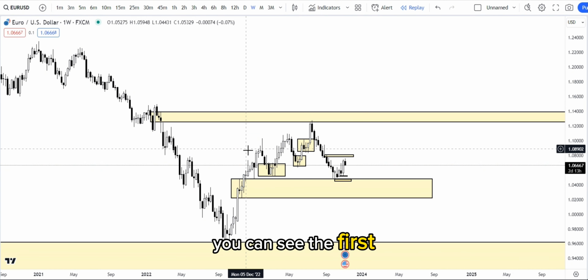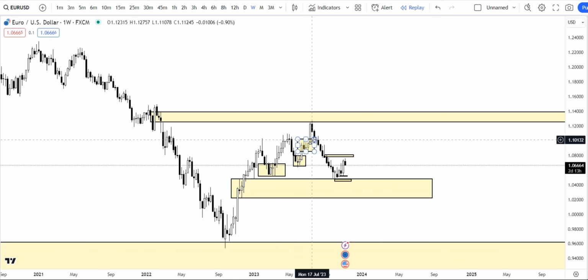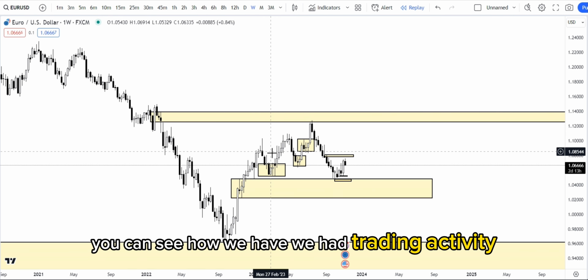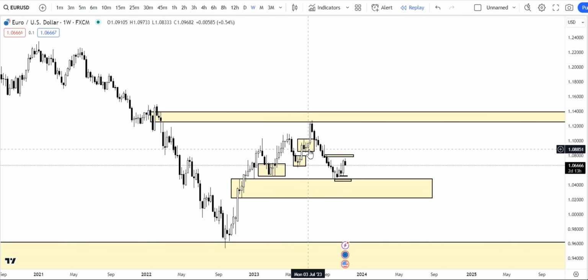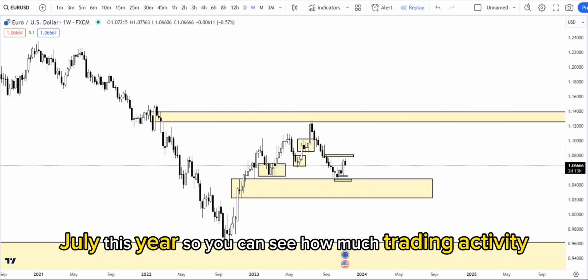You can see the first demand zone here is located very high and is located inside a lot of trading activity. You can see how we had trading activity from December last year all the way to July this year.